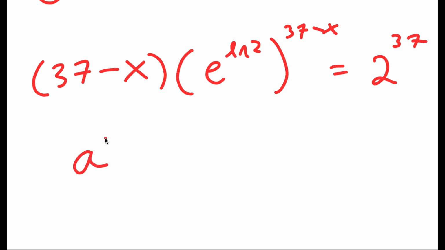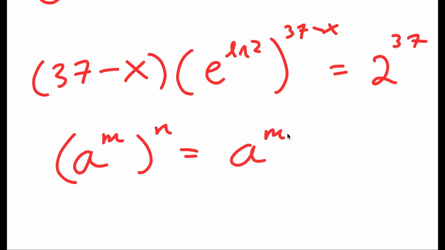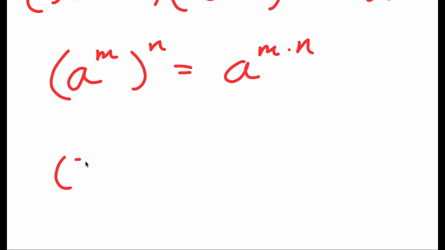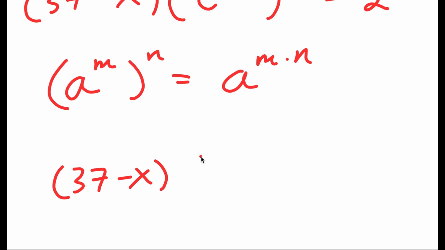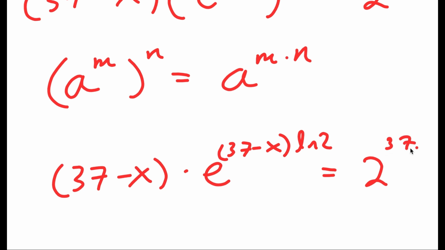And if I have something in the form a to the power of m to the power of n, this is equal to a to the power of m times n. So the ln 2 and 37 minus x multiply. So now I get 37 minus x times e to the power of 37 minus x times ln 2 is equal to 2 to the power of 37.